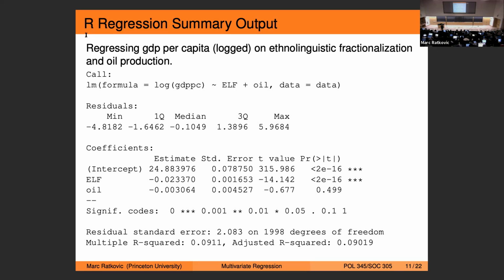So how would we interpret this? After adjusting for oil, we find a statistically significant relationship between ethno-linguistic fractionalization and log GDP per capita. But after adjusting for ELF, which means holding linguistic fractionalization fixed, we don't find a statistically significant relationship between oil levels and GDP per capita. Right?